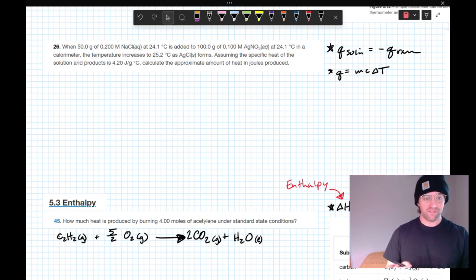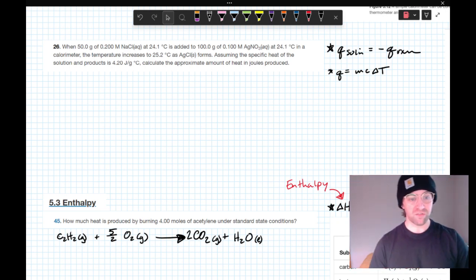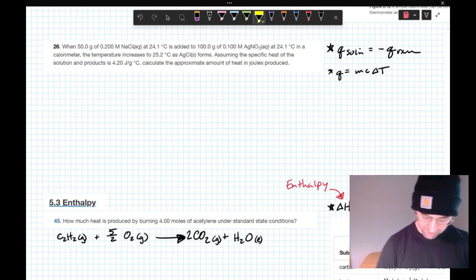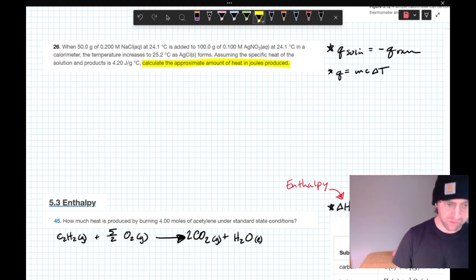Assuming the specific heat of the solution and of the product is 4.2 joules over grams Celsius, calculate the approximate amount of heat in joules produced.